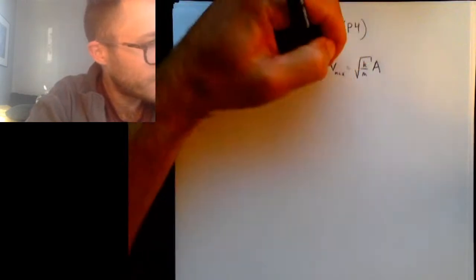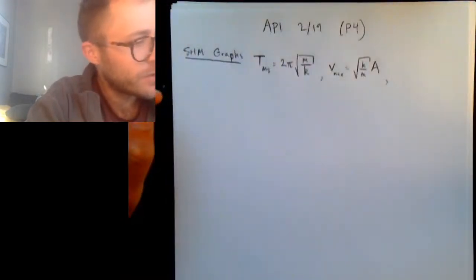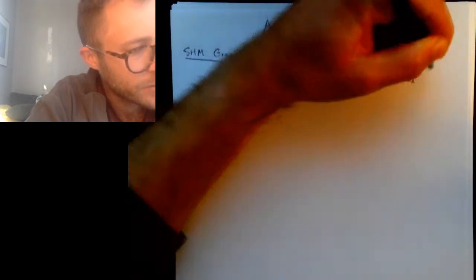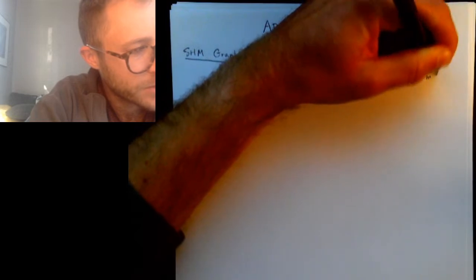The maximum acceleration is k over m times the amplitude.